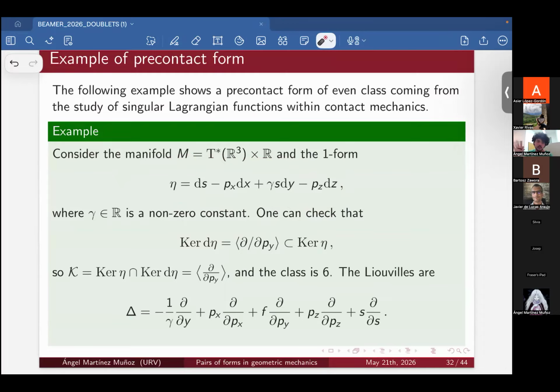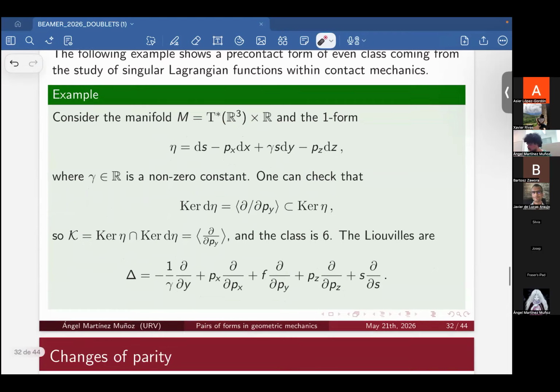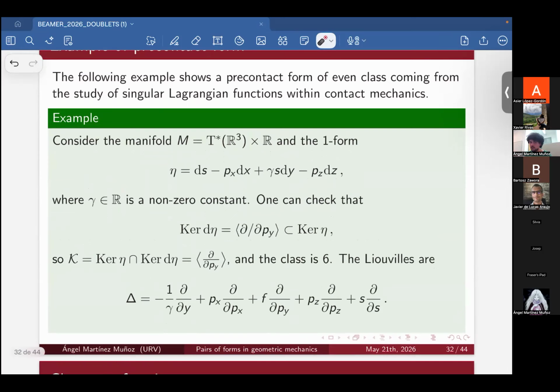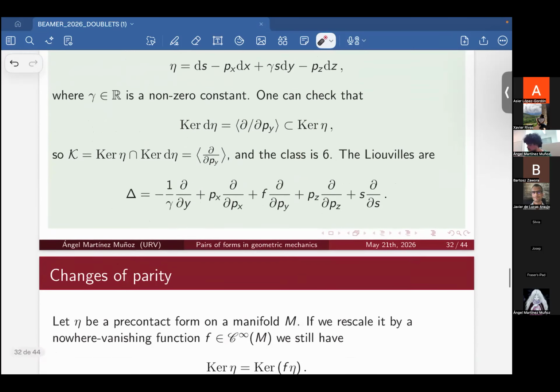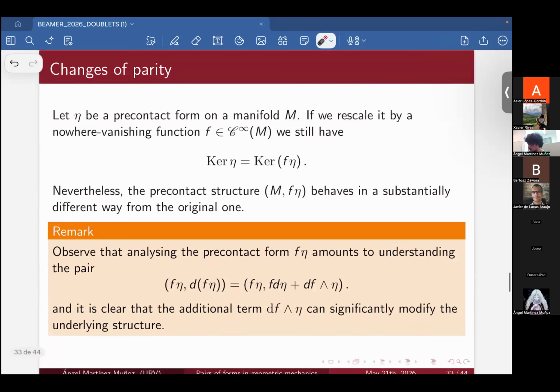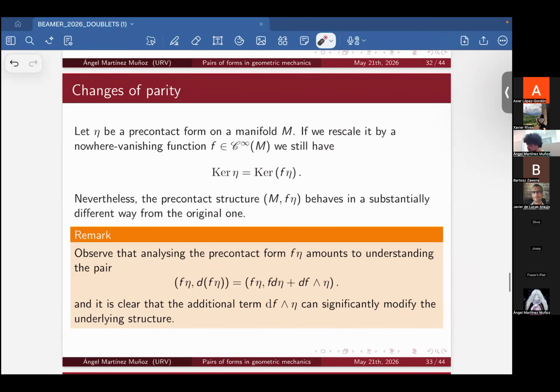This case was thrown away a little bit just to have Reeb vector fields and so on, which seem to be important, but I don't think they always are. I think you can deal with these structures as well, and you can find these one forms which have even class, and that's fine. So yeah, I'm running a bit low on time. This is the last section, so I will try to be fast.